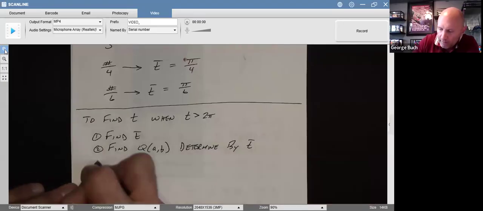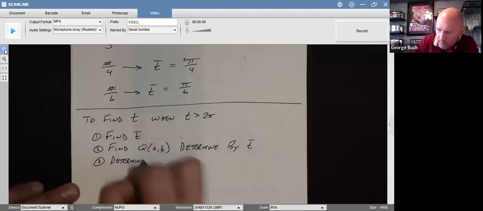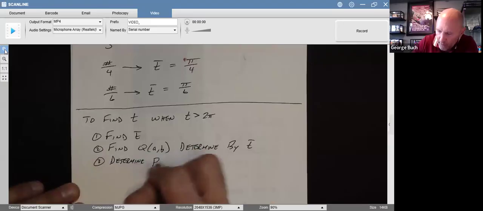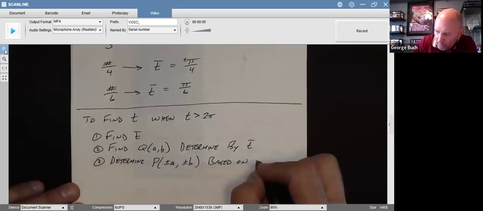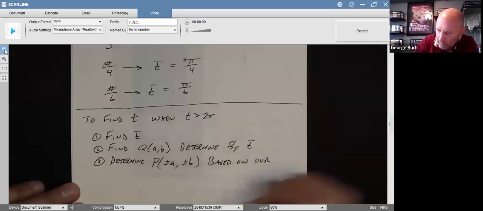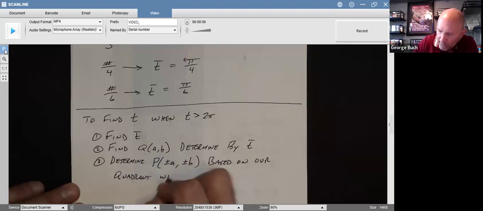And then finally, determine the point, plus or minus a, plus or minus b, based on our quadrant where our terminal point T lies.